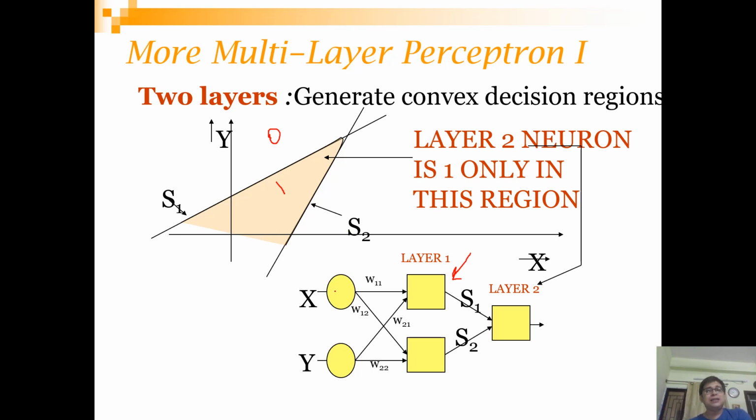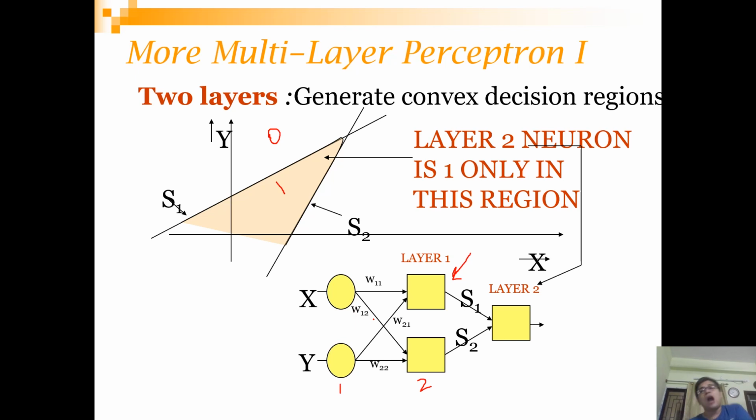Another thing I want you to notice is the nomenclature of these weights. This is considered the first layer, and this is considered the second layer. So this is the first neuron of the first layer, this is the second neuron of the second layer, so the weight is W12.